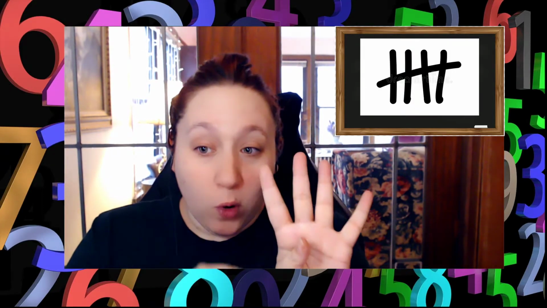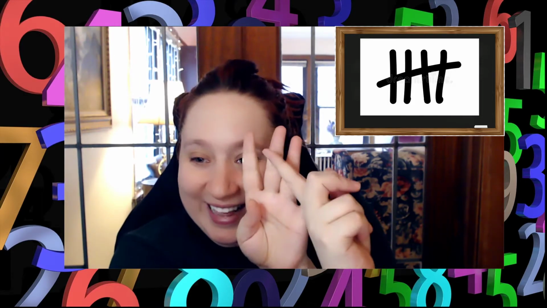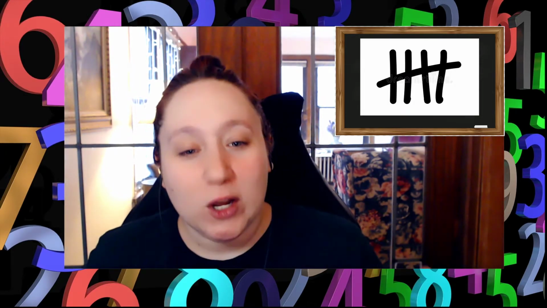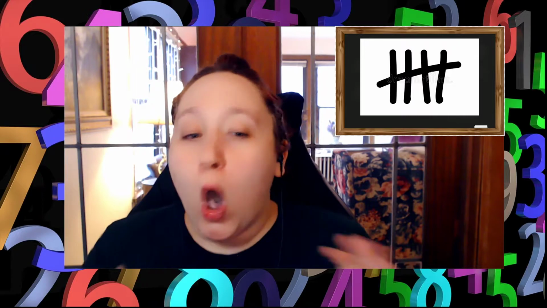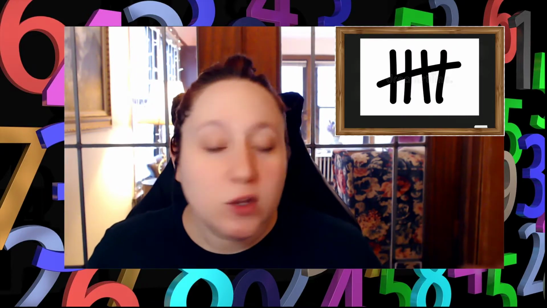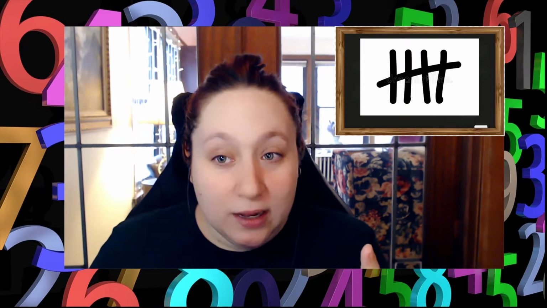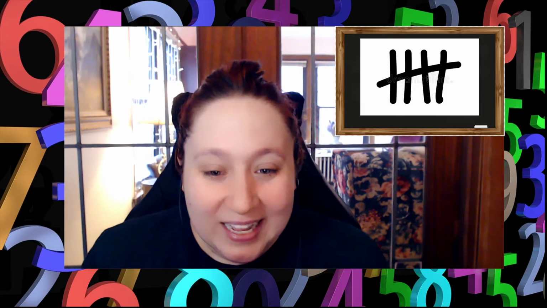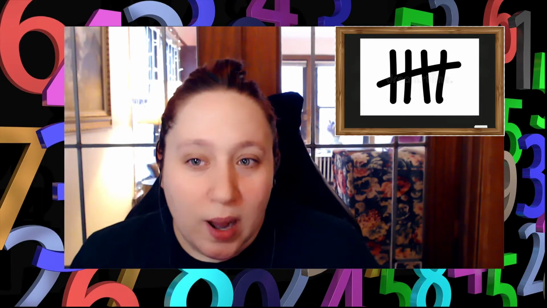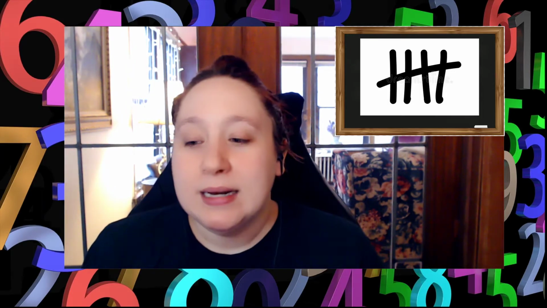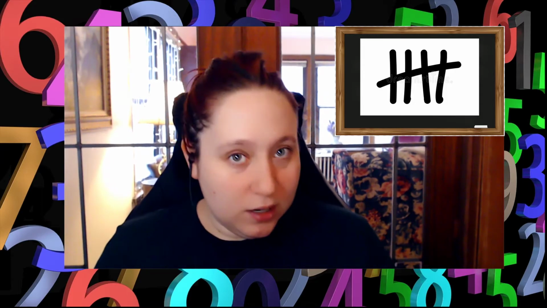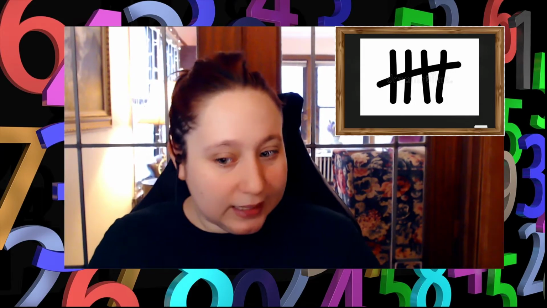So when you see 4 with 1 diagonal across it, you know automatically that you have 5. You don't need to count each one. It's kind of a visual thing. Although there are still 5 marks, just one's diagonal. So, why don't we try keeping that in mind and then figuring out some other numbers with tallies.